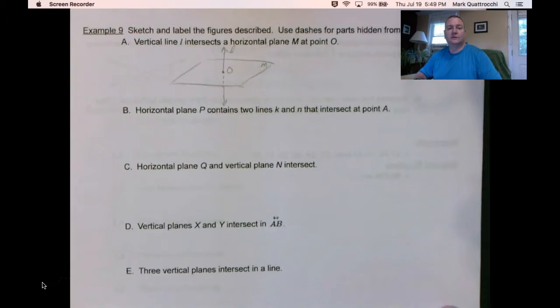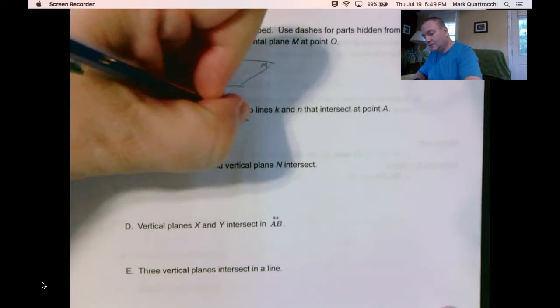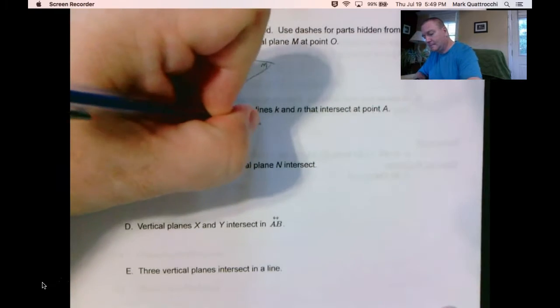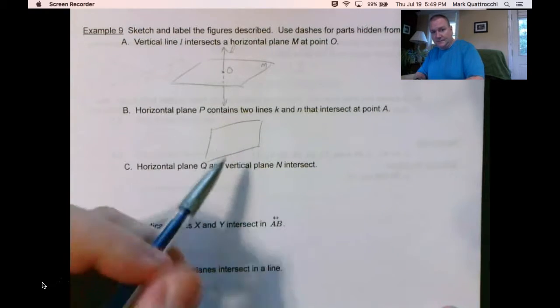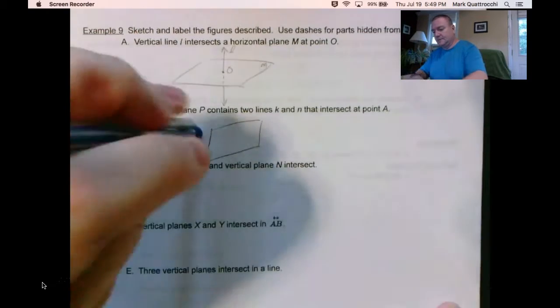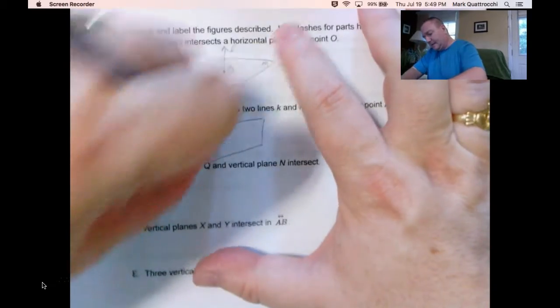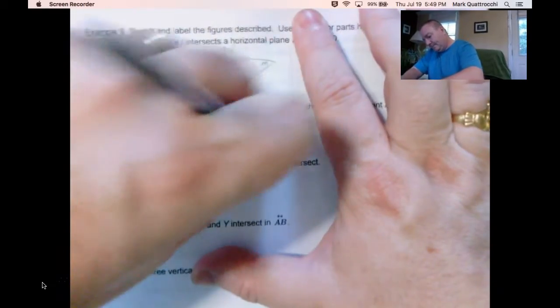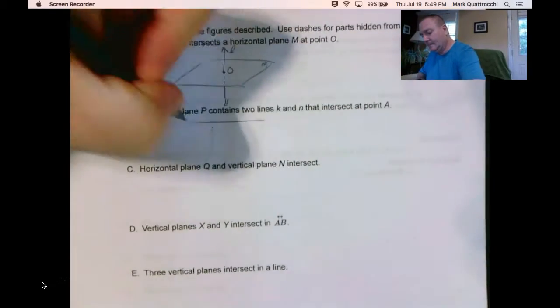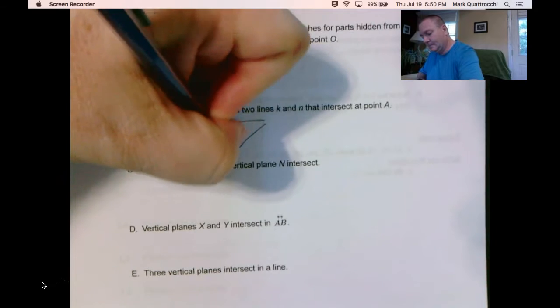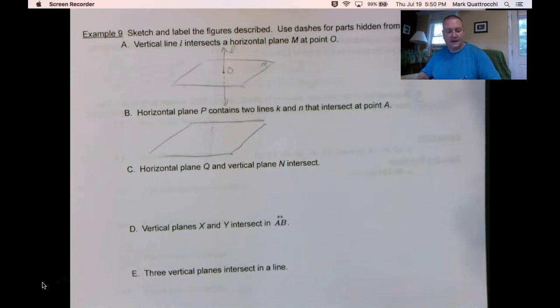We're going to draw horizontal plane P, which contains lines K and N that intersect at point A. So I draw a horizontal plane. I'm going to try to. I can do a better job than that. That didn't come out very good. That's only slightly better.